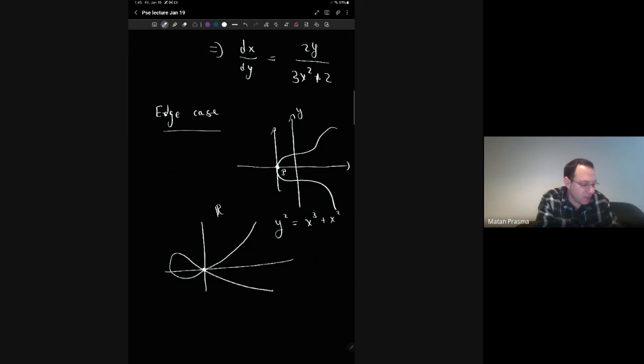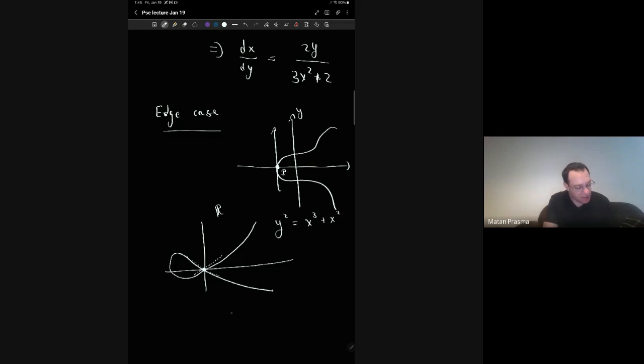And the reason is that I may come from this direction, then I think that the tangent line is like this. But if I come from this direction, then the tangent line is like this. So this curve does not have a derivative at the origin 0, 0.